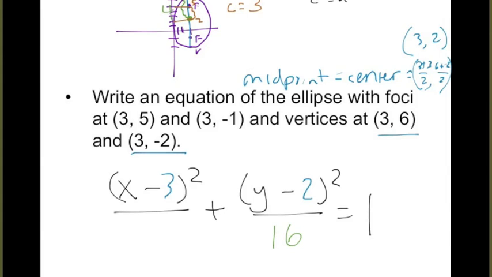For an ellipse, c squared is equal to a squared minus b squared. So c is 3. a squared is the vertex number in the equation. So a squared is going to be 16. And what we need to find then is what is b squared.